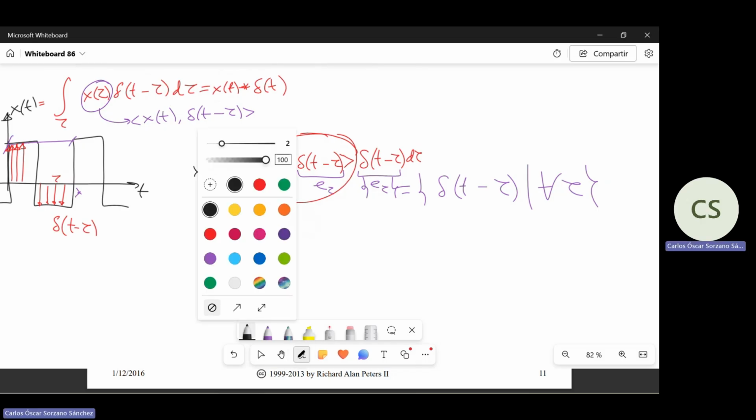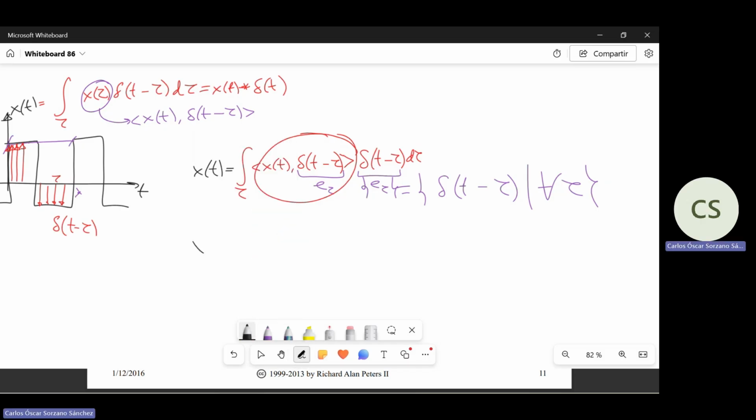The inverse Fourier transform says x of t is the integral over frequencies of x of j omega, where this frequency is omega, times e to the plus j omega t, d omega.